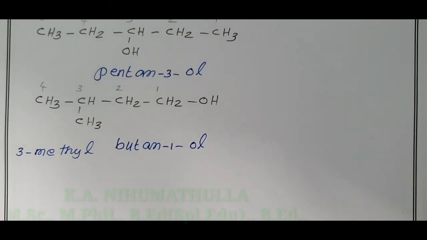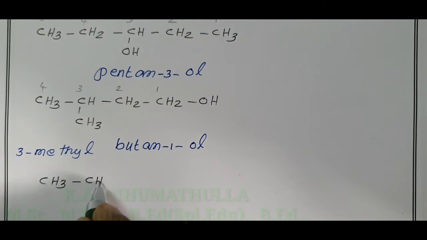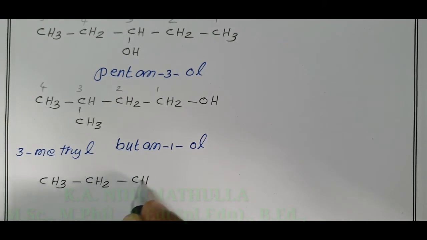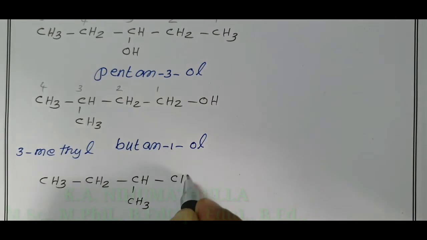Now, bring the methyl group to the second position of the straight chain. CH3, CH2, CH, CH3, then the 4 carbons are over, 5th carbon CH2OH.